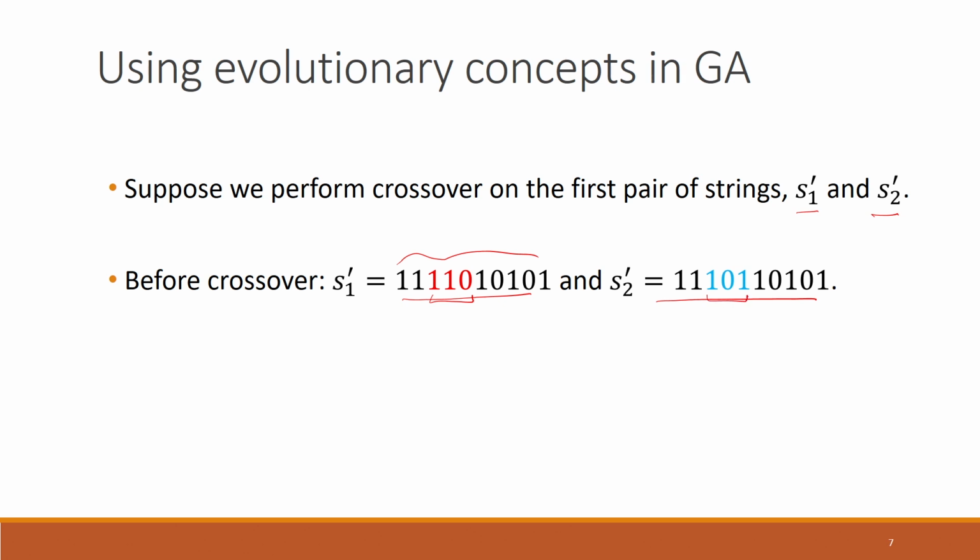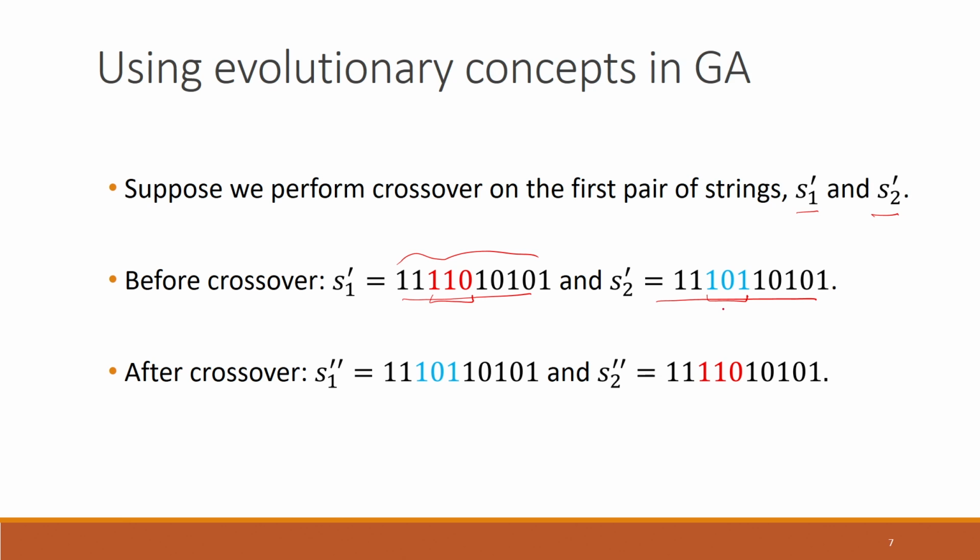So, what we do now is that after the crossover, this red part here from the first string will go here and this will come here. You can see that the first string after the crossover has 1 1, which is the same as 1 1 here, then it has this 1 0 1. And after that it has the same thing, 1 0 1 0 1 here.